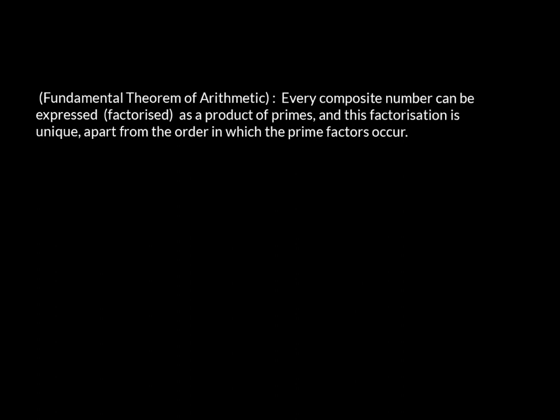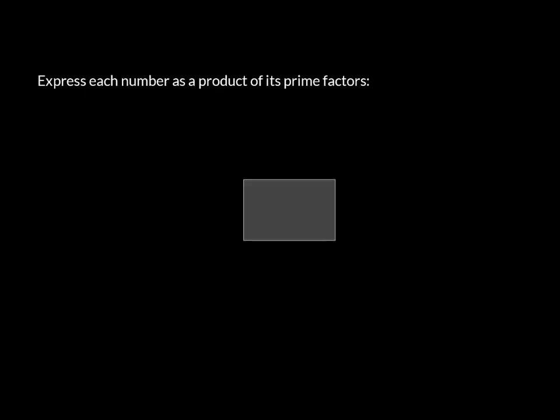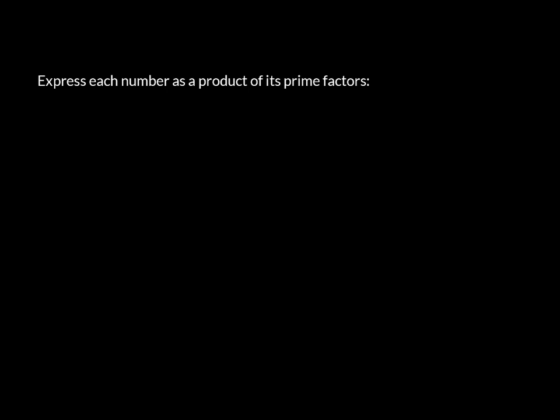We will work out some problems on how to find the prime factorization of a composite number. Let us see. Express each number as a product of its primes. For example, let's take 140. Now 140 is a composite number.